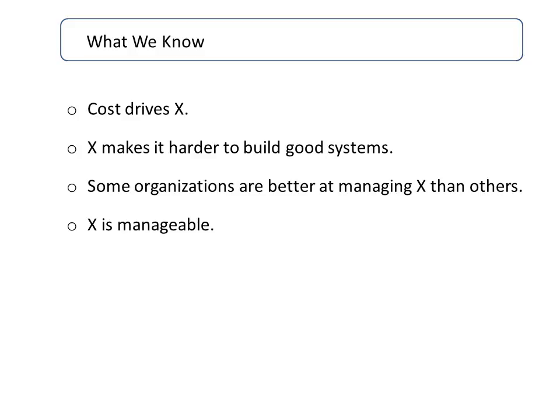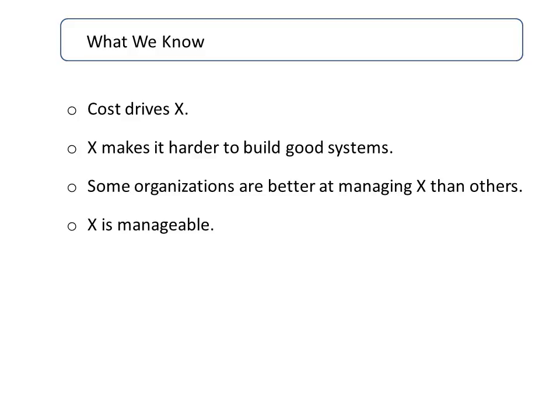So where are we now? We can say with some confidence that cost drives some factor X, which is yet to be identified. This factor X makes it harder to build good systems. In other words, to deliver all of the attributes the business is looking for. But there is some good news here, because we see that the deterioration of X with cost is not constant.